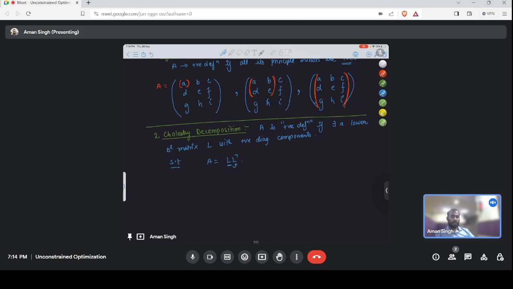L transpose will be an upper triangular matrix, such that their product is equal to A. Then this is called Cholesky decomposition.